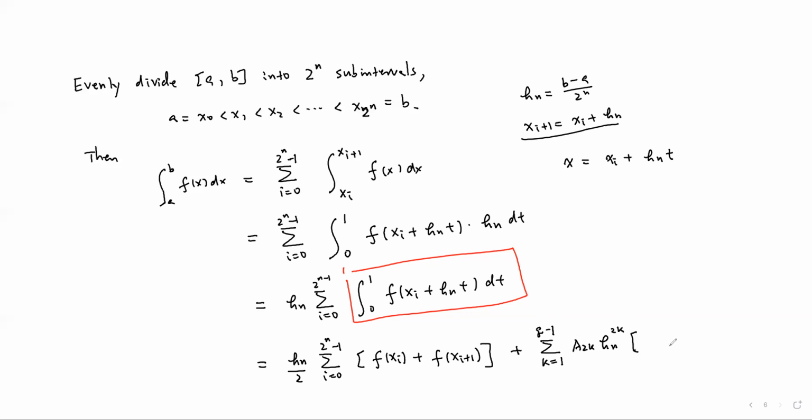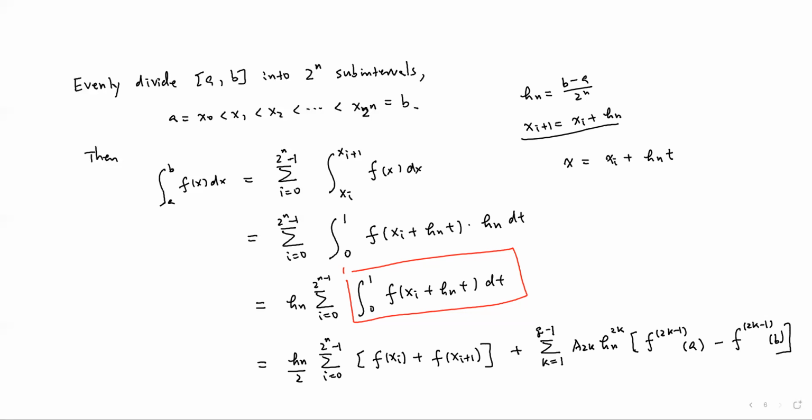There are cancellations. After I simplify, after the cancellation, we get f^{(2k-1)}(a) minus f^{(2k-1)}(b).